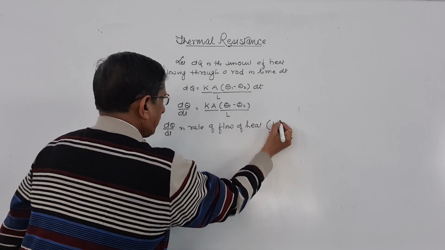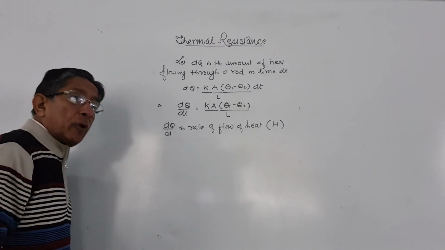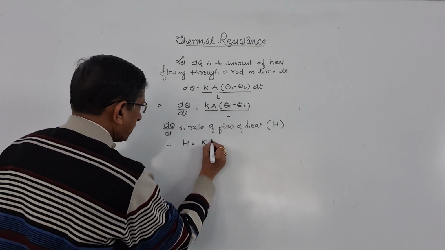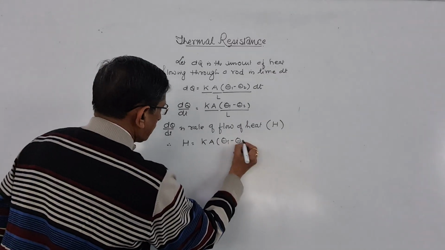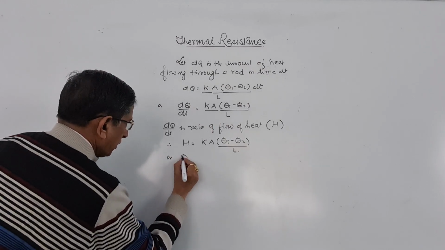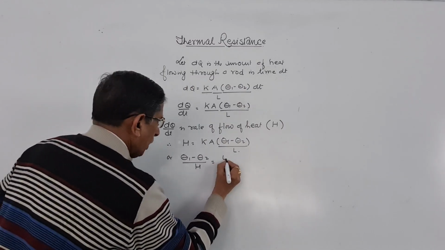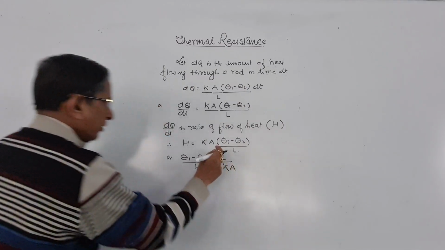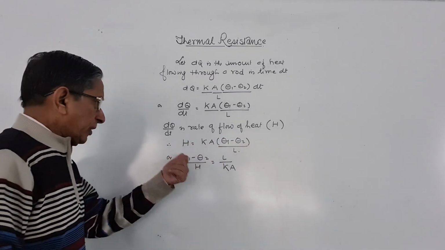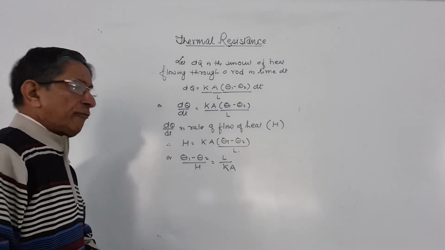I am going to represent it by H. So H is equal to kA (theta 1 minus theta 2) upon L, or (theta 1 minus theta 2) upon H is equal to L upon kA. Theta 1 minus theta 2, temperature difference, upon H, rate of flow of heat.